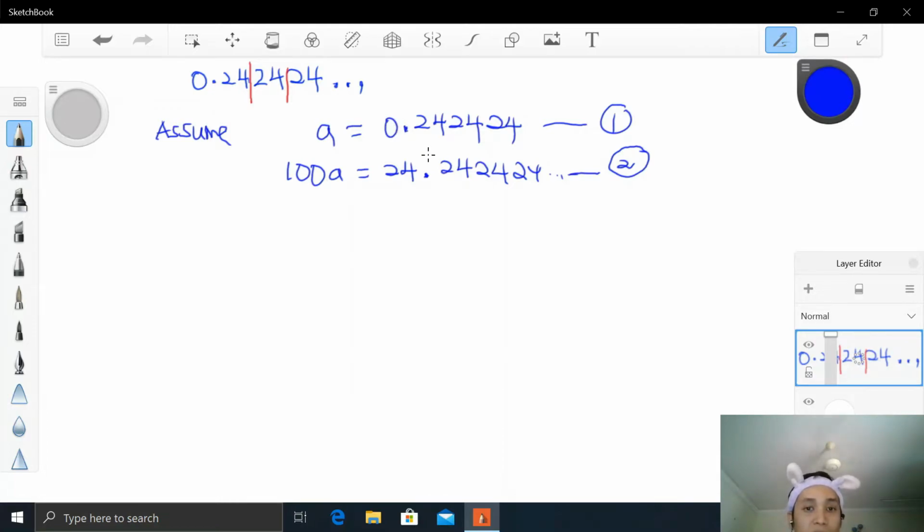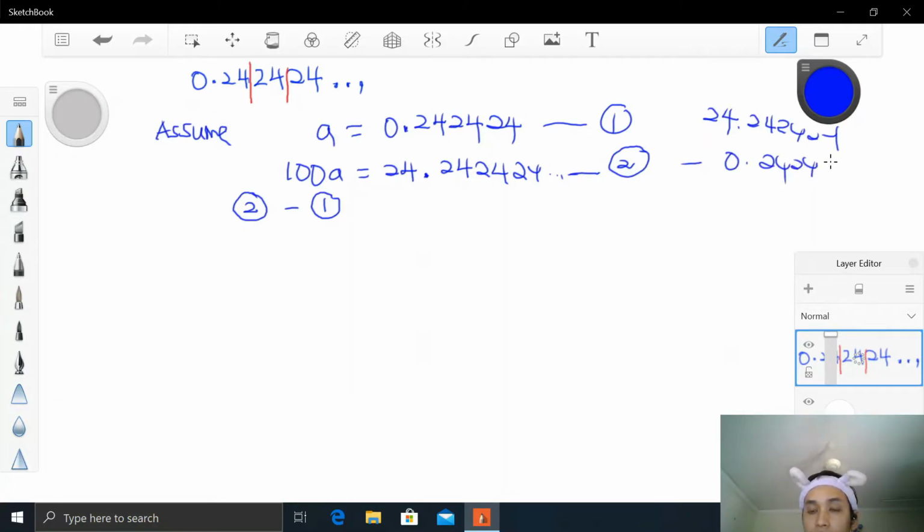The reason I need to do this is because I want to remove all the decimal places at the back. So I take equation 2 minus equation 1.